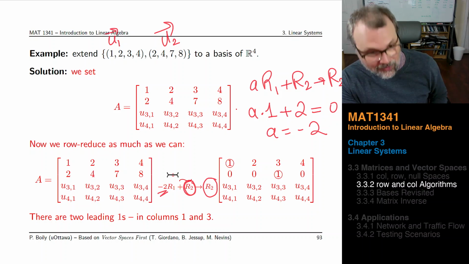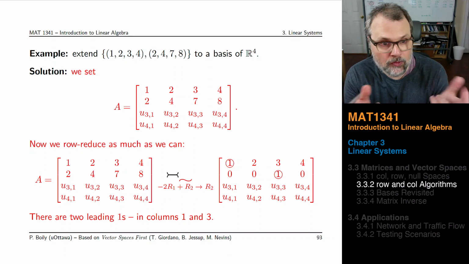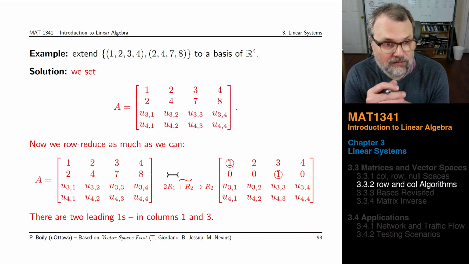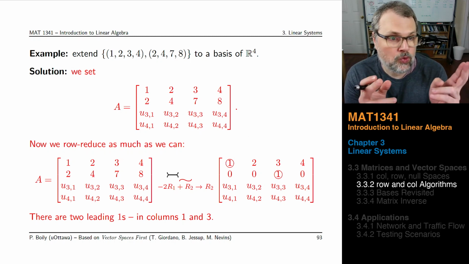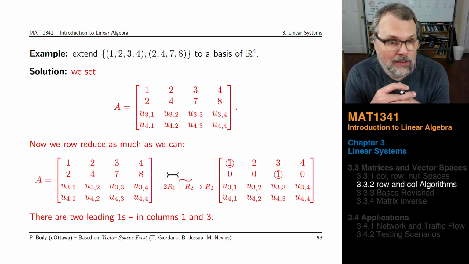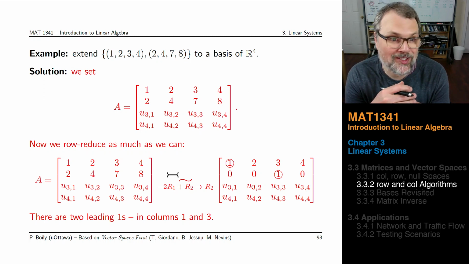So that second row is going to become minus twice the first row plus the second row. If I multiply the first row by 2, I get 2, 4, 6, 8, and I subtract that quantity from the original second row, 2, 4, 7, 8.